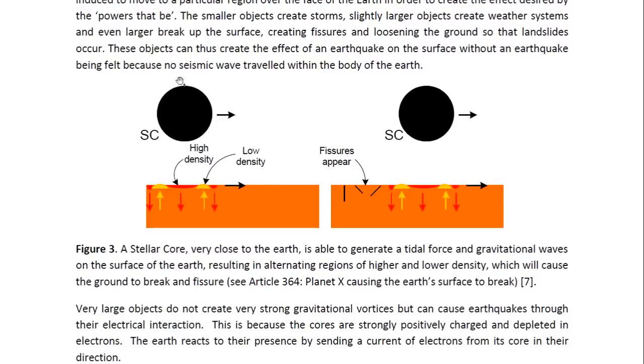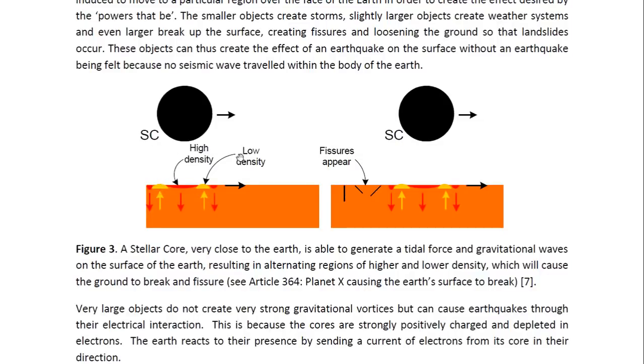And here you see one of these objects moving parallel to the surface of the Earth. It creates a gravitational wave on the surface of the Earth, where there are high density and low density regions. These actually form rings on the surface of the Earth.